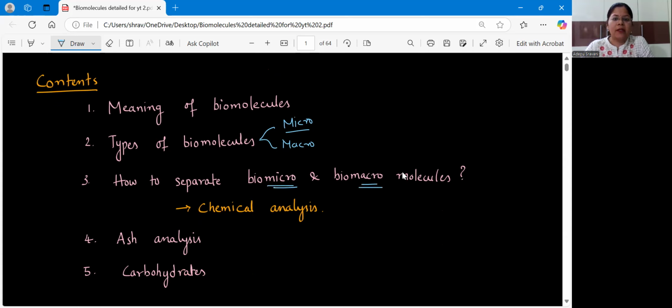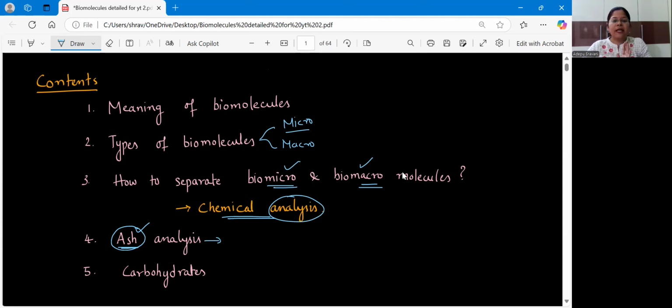On what basis? For this, we have to do a certain experiment, which we call chemical analysis. Analyzing is studying or observing the chemicals which are present in the living tissue. After doing the chemical analysis, we get certain compounds, and when you analyze them, we can get biomicro and biomacromolecules. After that, we'll do one more experiment, which we call ash analysis. Here we get something called ash, and this ash will be studied or observed.